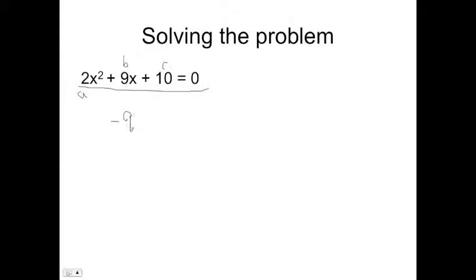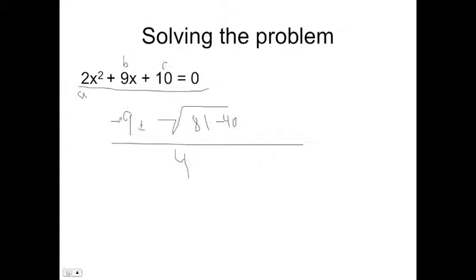So we'll plug in the numbers. It would be negative 9 plus or minus the square root of 81 minus 40, over 4. That means there are two equations.